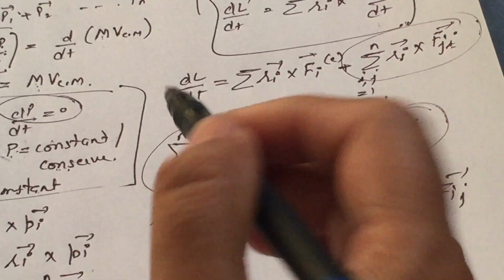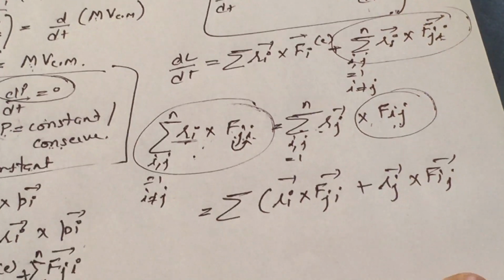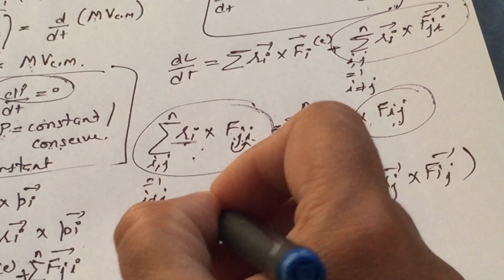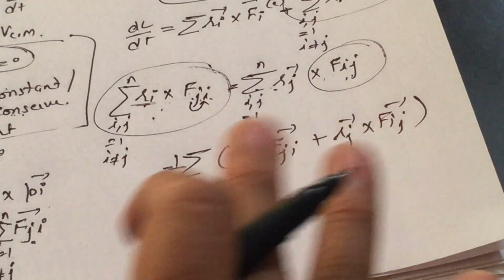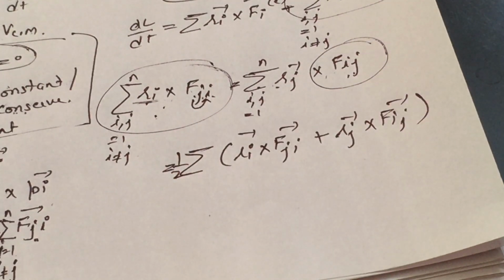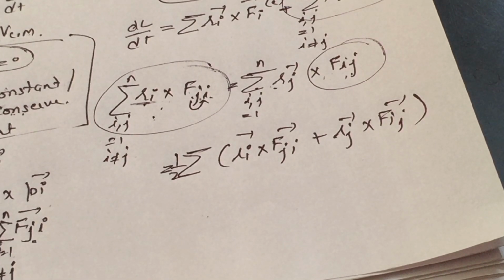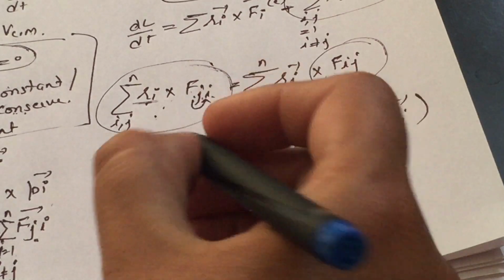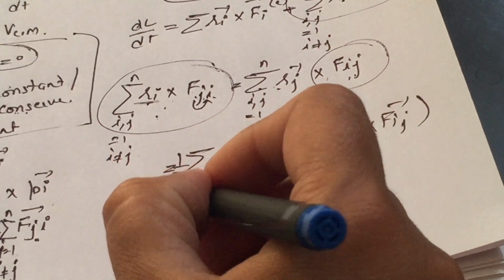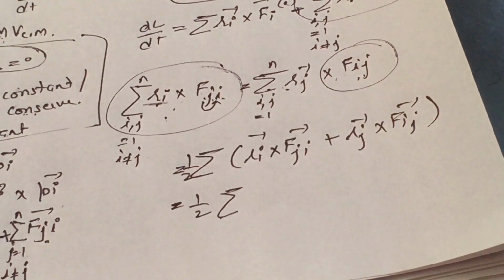We are just doubling this factor, but we have to take this factor a single time, so we will take half of this term. By using this type of change, we will find the relation between the position vectors and the mutual forces between the particles. Now we can put half as half, summation as summation.